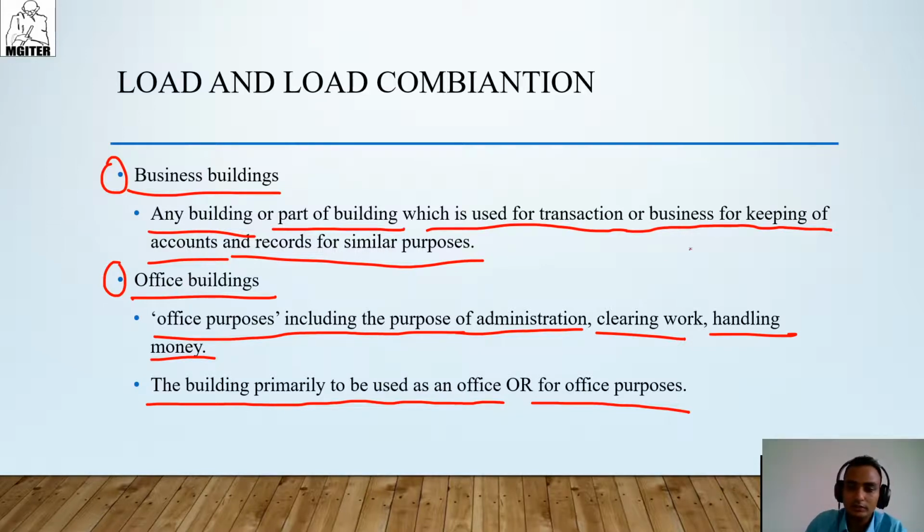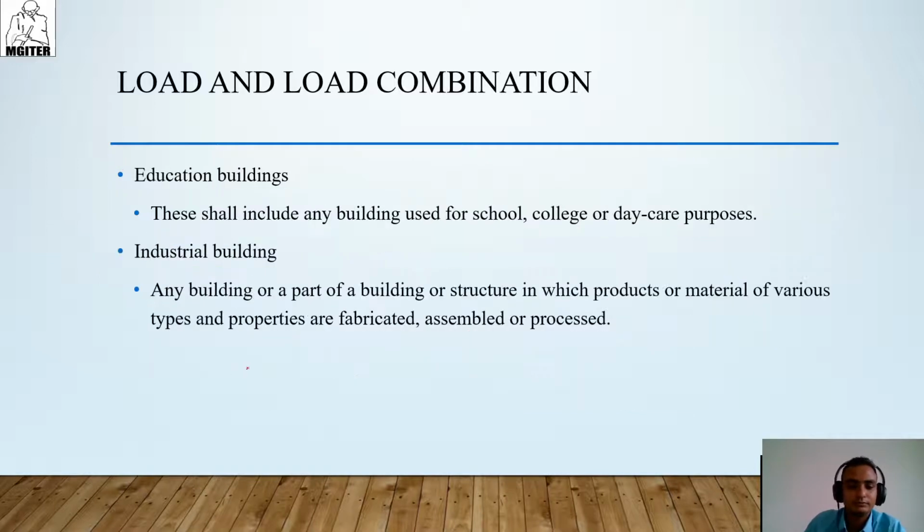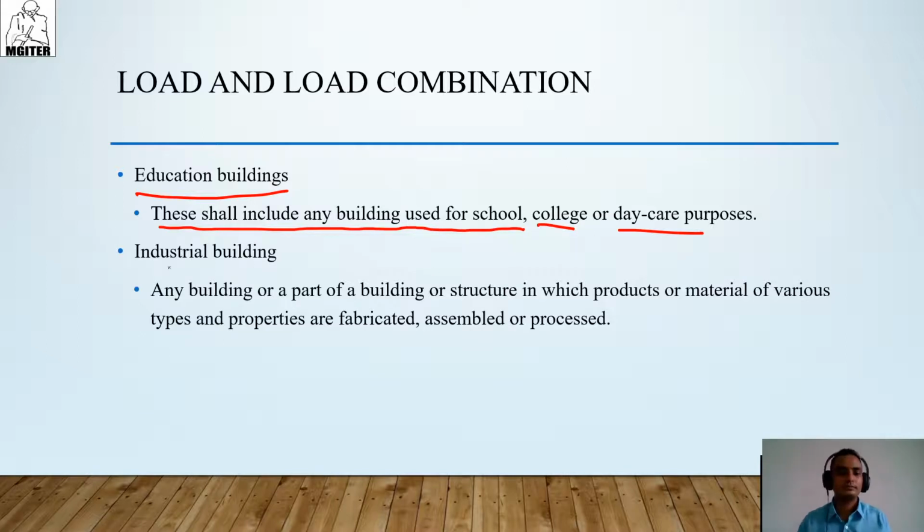Business building is used for the keeping of accounts and records, while office building is used for handling money. Then after, education building: this shall include any building used for school, college or daycare purposes.